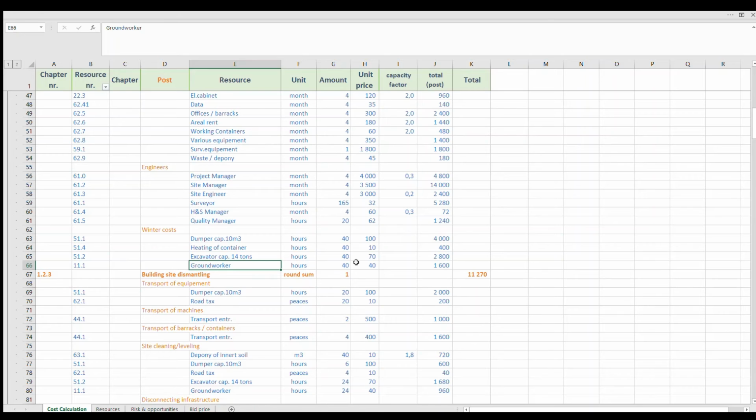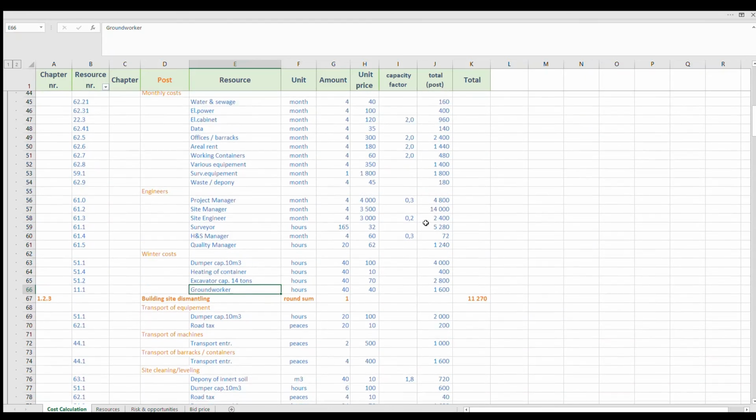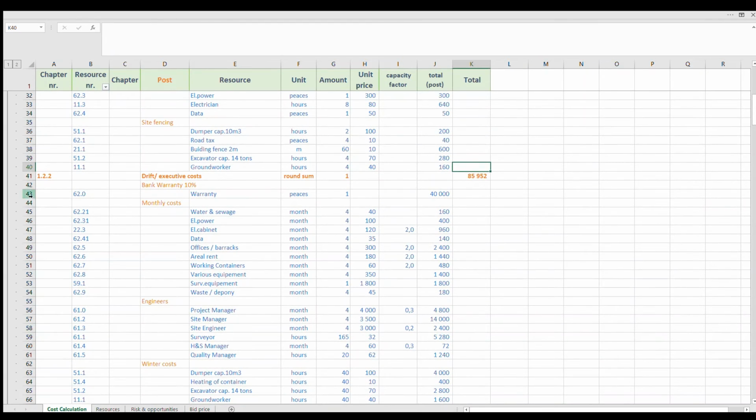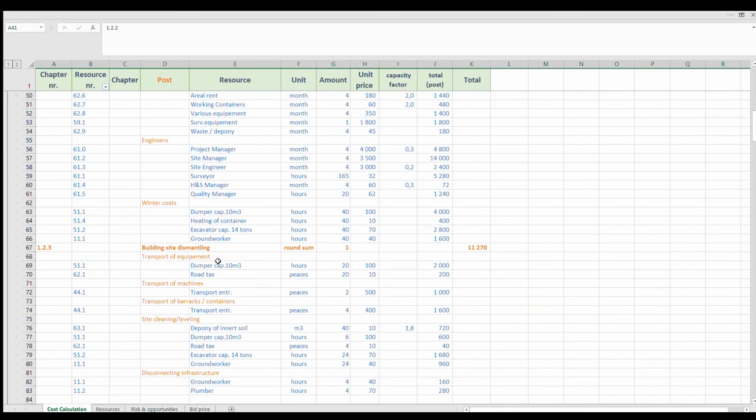So these hours are extra. We can use them, maybe we will not use them, but it's best to think about it. If it's summertime, just forget about this part. I summarize all these things here in the line for this post 122.